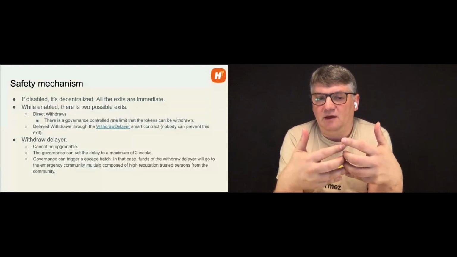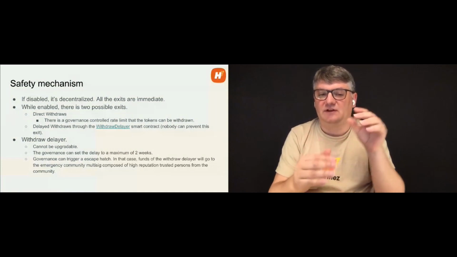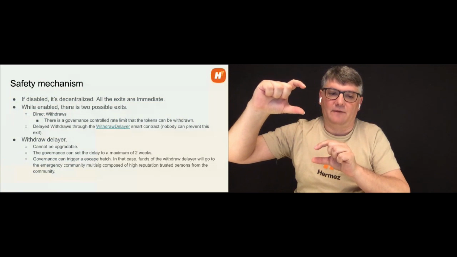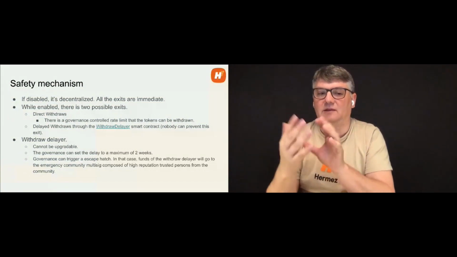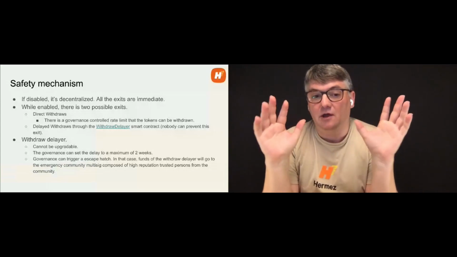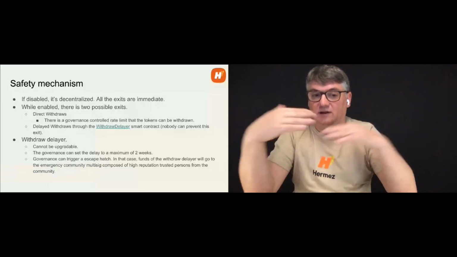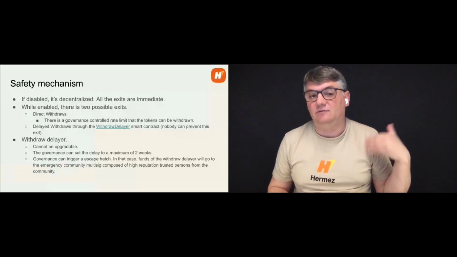There are 5 ranges of transactions, and there is a limit for high value transactions, a limit for less value transactions, and so on. There are 5 limits, and this can be controlled by governance. Okay, but if the rate is full, then the users can always do what we call the delayed withdrawal.